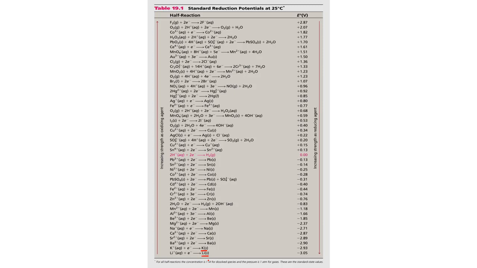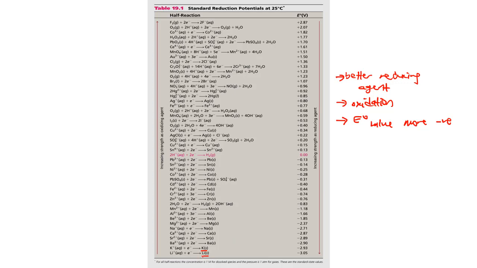So better reducing agent maksudnya dia merujuk kepada spesies yang prefer oxidation. Untuk dia nak prefer oxidation, you kena tahu E naught value dia mesti more negative.